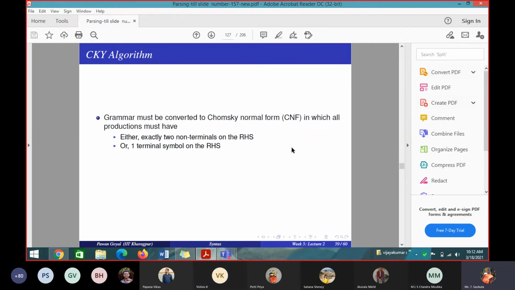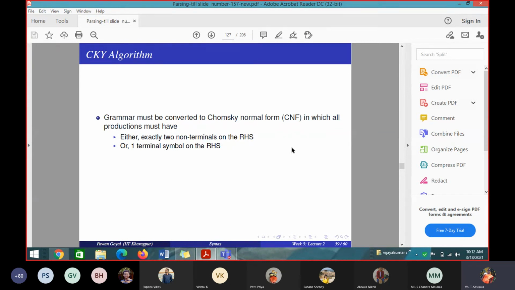Okay, so for Chomsky normal form, the right hand side should have exactly 2 non-terminals, or it should have only 1 terminal. So each left hand side should derive only one terminal on the right hand side, or each LHS should derive two non-terminals on the right hand side. All the rules should obey either this or that. If it is obeying already, not a problem.